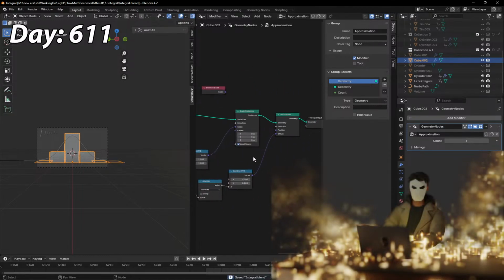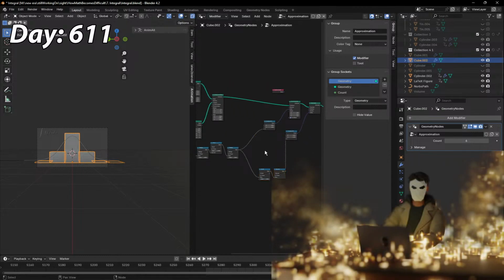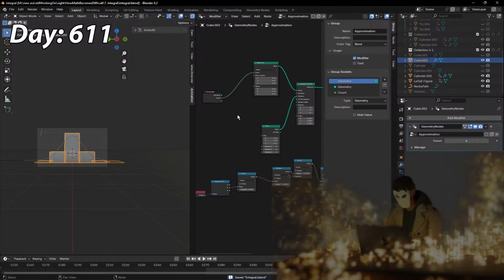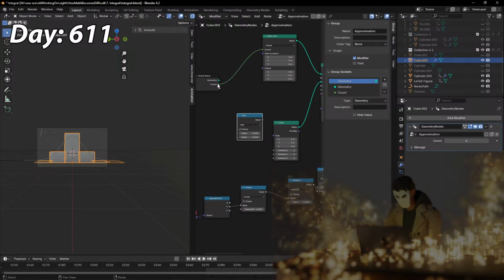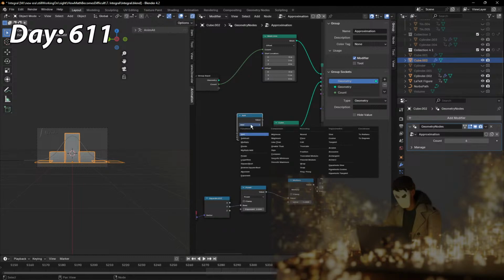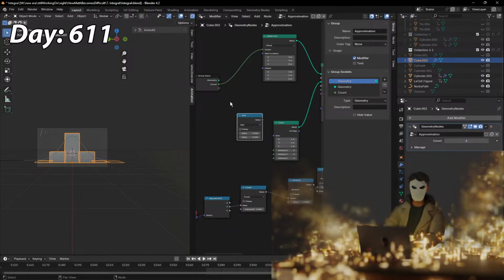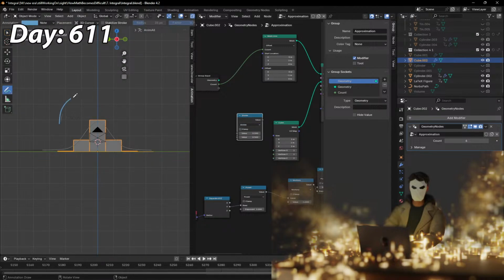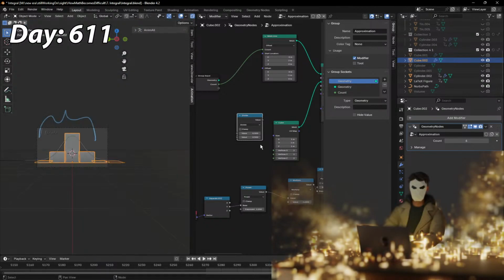Then move it right here, half the size of the rectangle to the right, which means we're gonna need a math node. Okay, so what we want, correct me if I'm wrong, is the width of this divided by the number of rectangles.